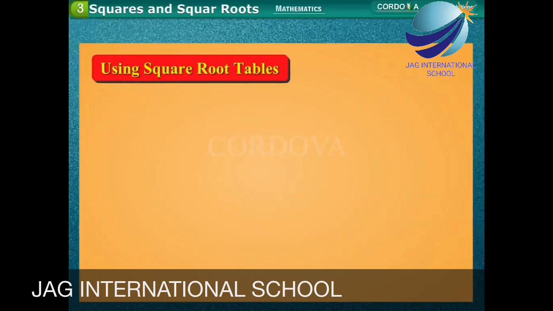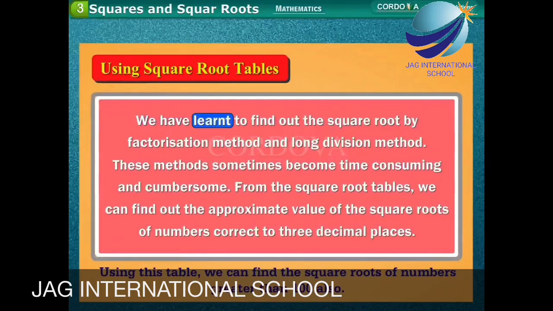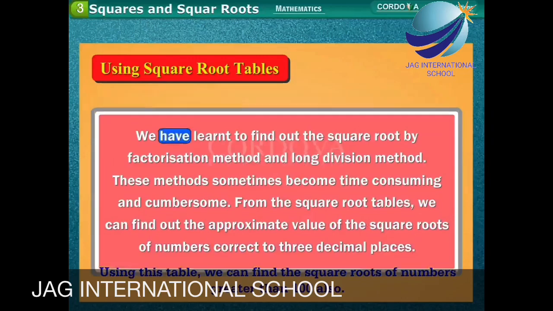Using square root tables, we have learned to find out the square root by factorization method and long division method. These methods sometimes become time-consuming and cumbersome. From the square root tables, we can find out the approximate value of the square roots of numbers, correct to 3 decimal places.